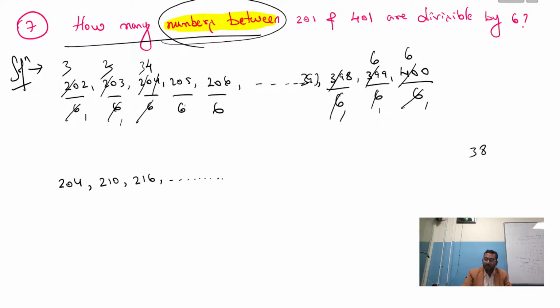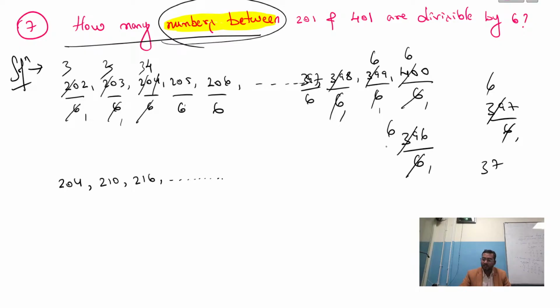Next number is 397 by 6. Let me check. 397 by 6. 6 sixes are 36. Will 37 go? No. Next number 396 divided by 6. Check. 6 sixes are 36. Remainder: 39 minus 36, how much?